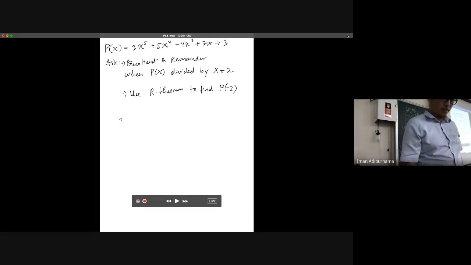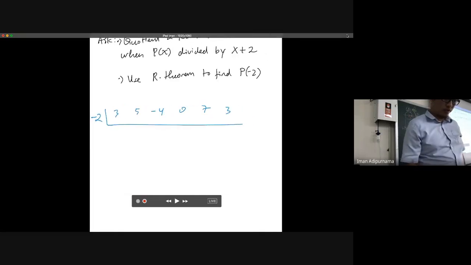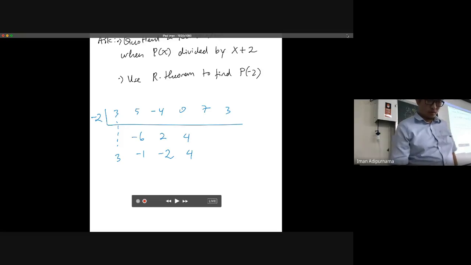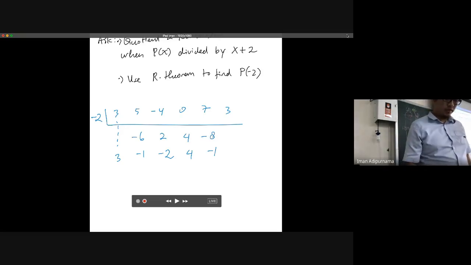Okay. 3, 5, negative 4, 0, 7, 3. And this should be negative 2. Always start with the left part: negative 3, negative 6, negative 1, 2, 4, 4, negative 8, negative 1, 2, 5.